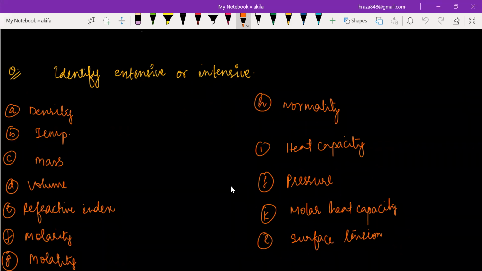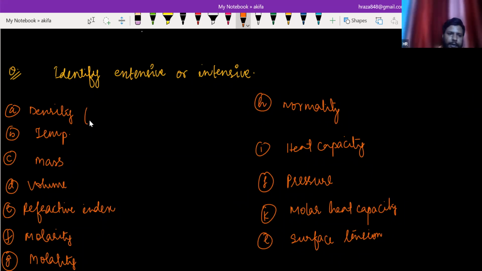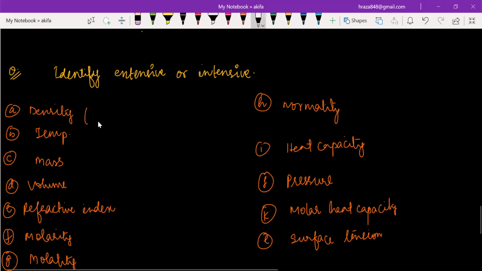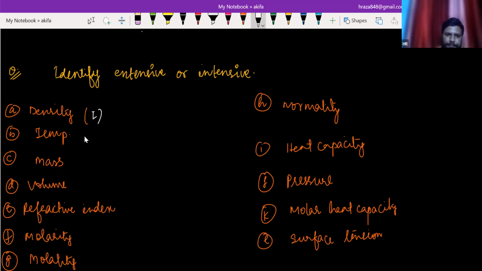Done. Very good. Density is intensive. What about temperature? Intensive.